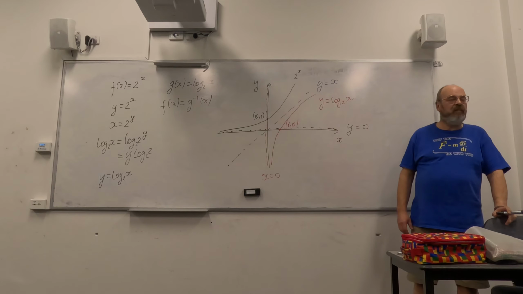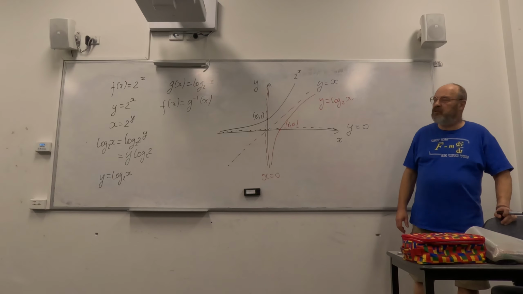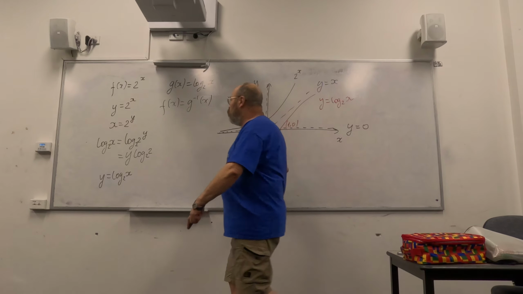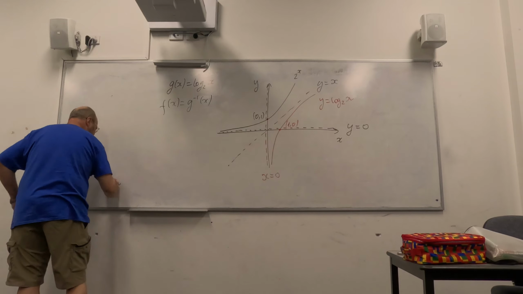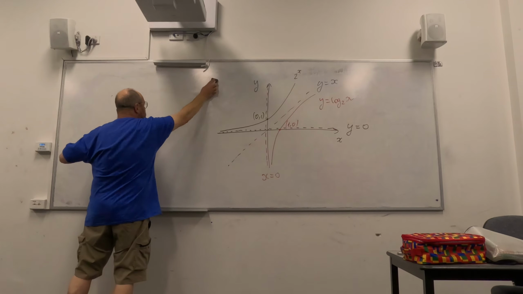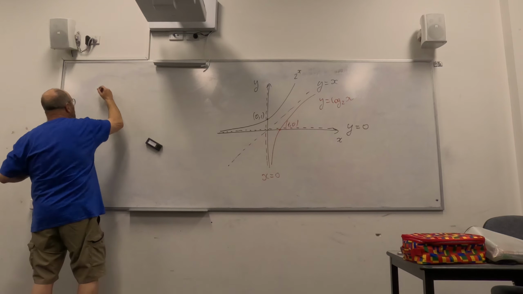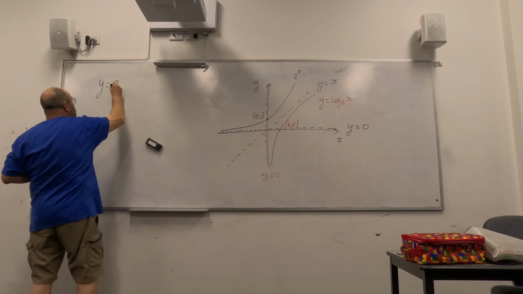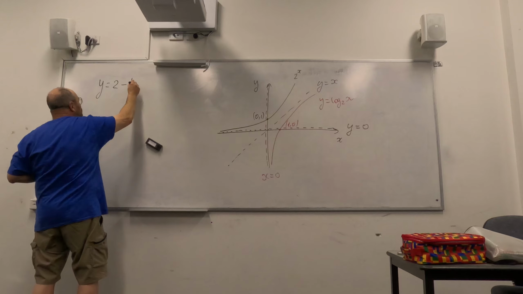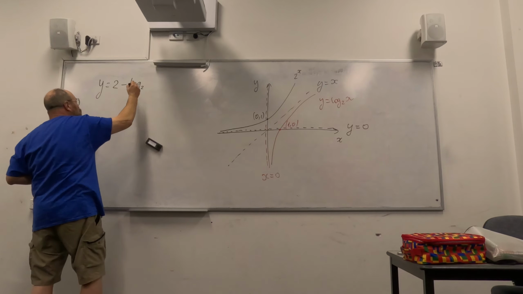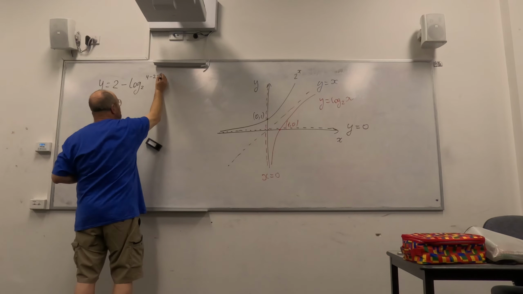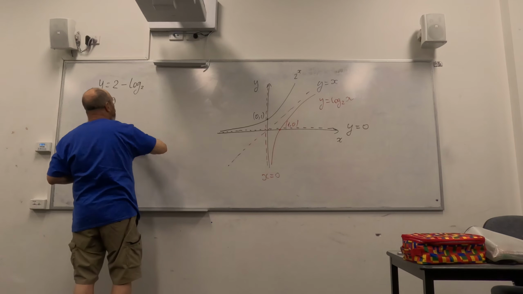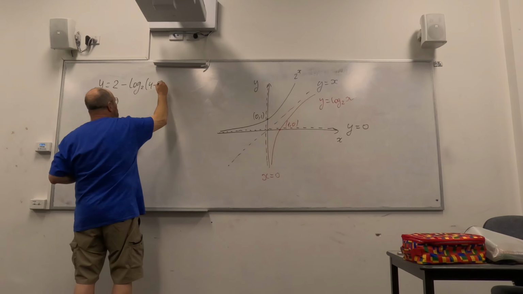Okay. Now, let's sketch the graph of logs with some transformations. So let's sketch the graph of y equals 2 minus log with the base 2 of 4 minus 2x.